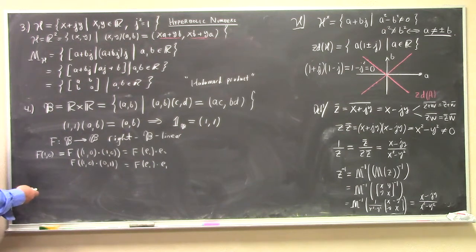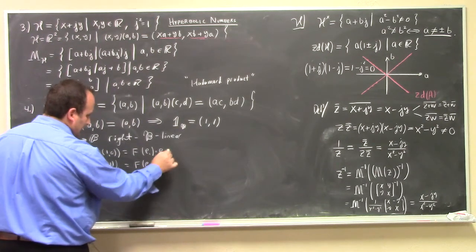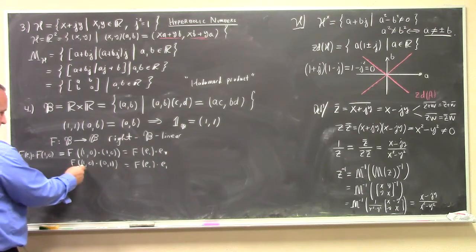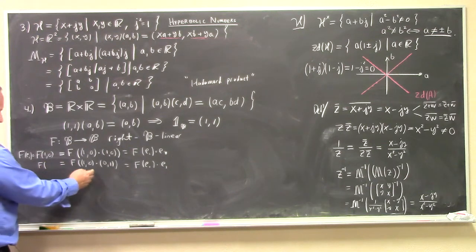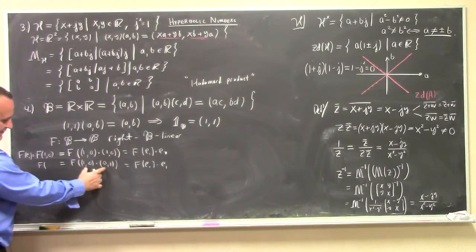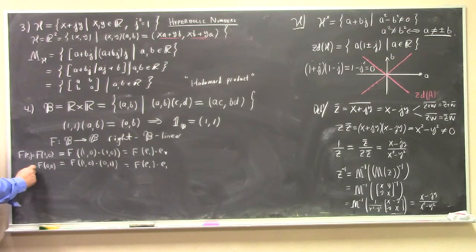Wait a minute, why do I have E2 there? That's E1, E1. I'm a dummy. And so F of E1 times E1 is F of E1. But what's this times that in the direct product algebra? 1 times 0, or 0, 0. And I'm assuming F is a linear map, so F of 0 is 0.